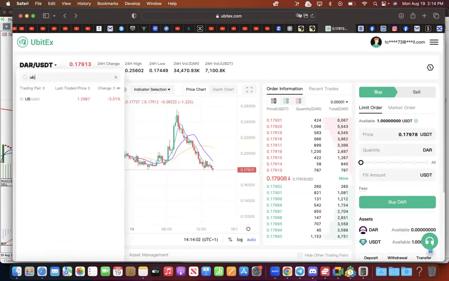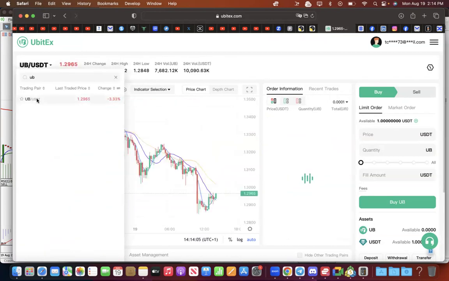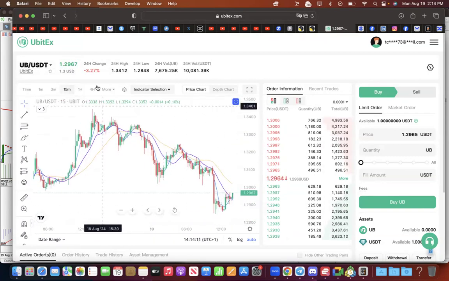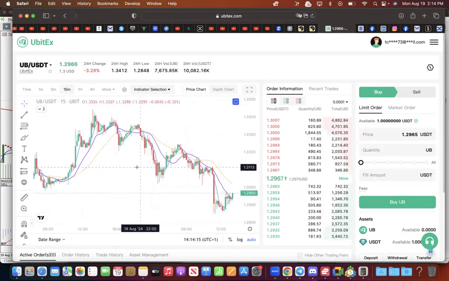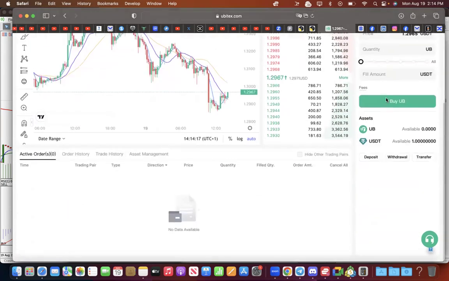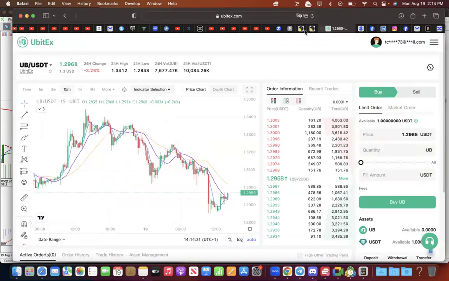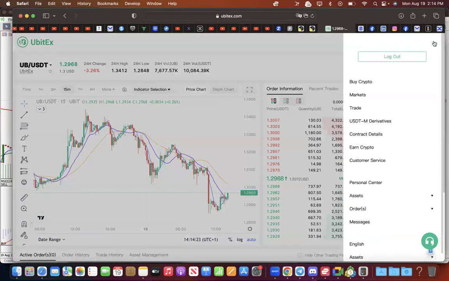So UB is presently at what price? At $1.29. It's taking another move. The all-time high is $1.35 or thereabout, assuming you want to just buy and keep it. Now, quickly, the second thing is I go to Ubitex and I go to asset overview.